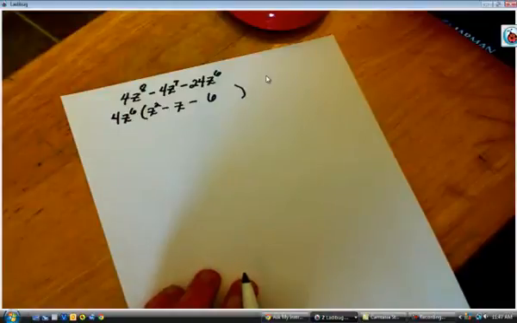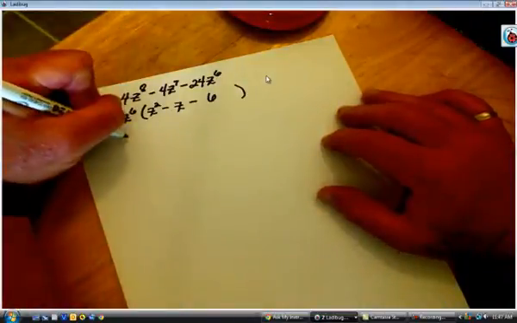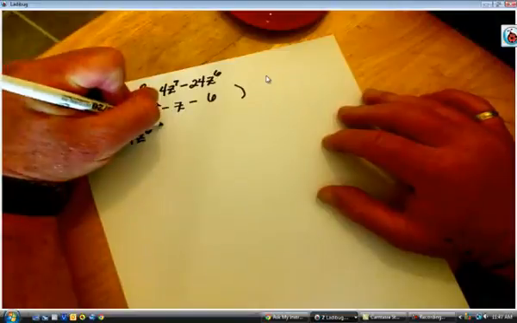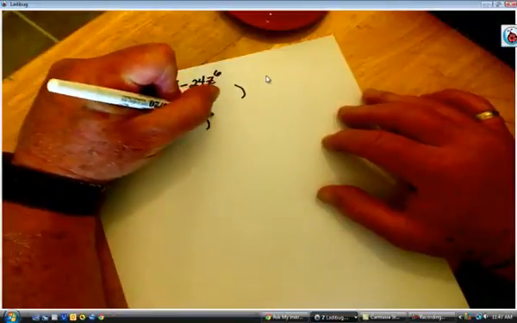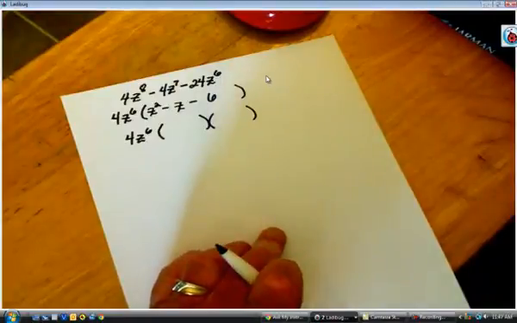That's a quadratic trinomial that can be factored using the trial and error method. So we bring down the 4z to the 6th that we already factored out. And put up two sets of parentheses. Parentheses times parentheses. Each one big enough to hold a binomial.